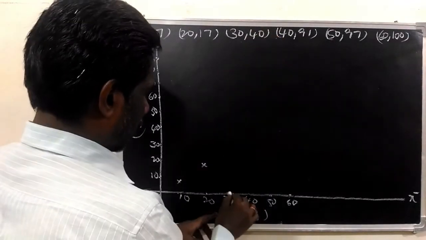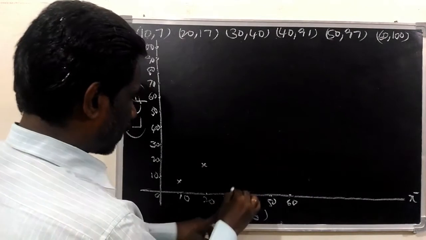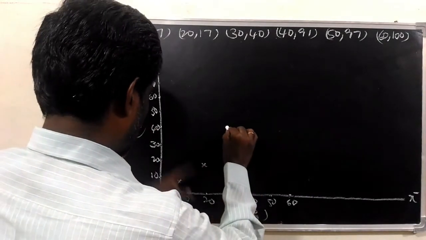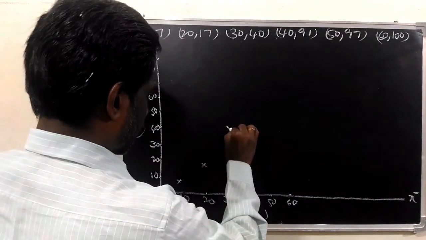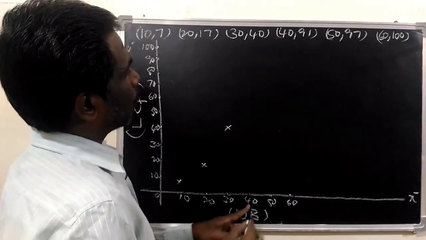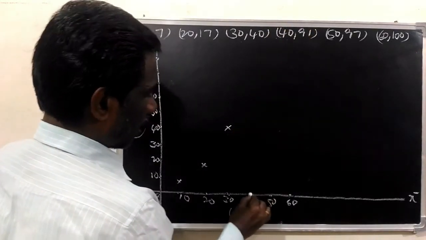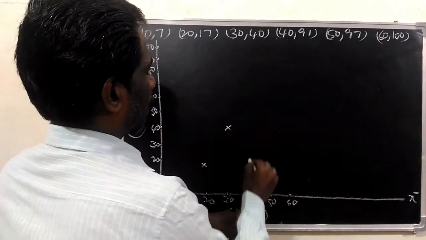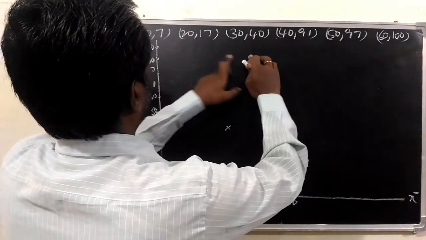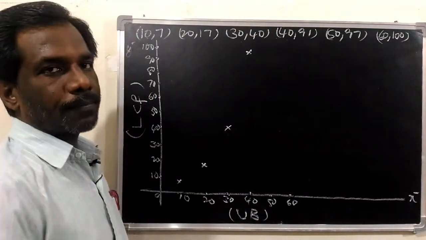Next, 30 comma 40: on the X-axis 30 and the Y-axis 40. So this is the point. And next is 40 comma 91: on the X-axis 40 and the Y-axis 91, just above 90.